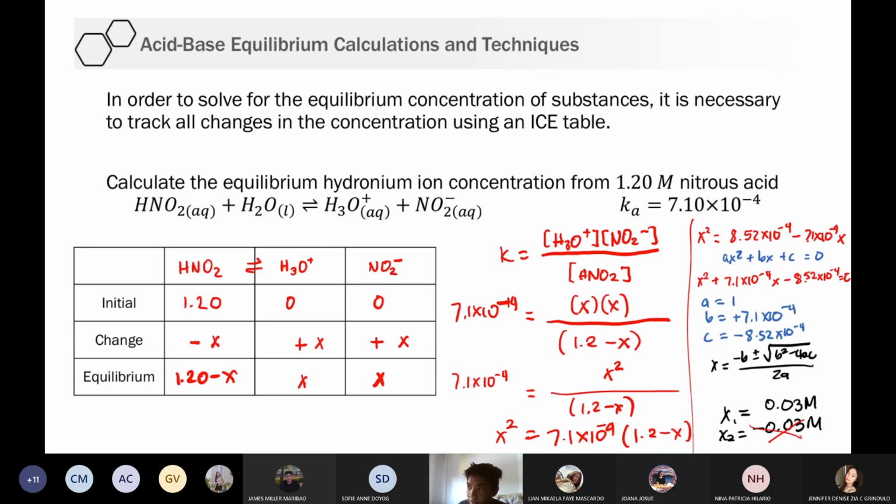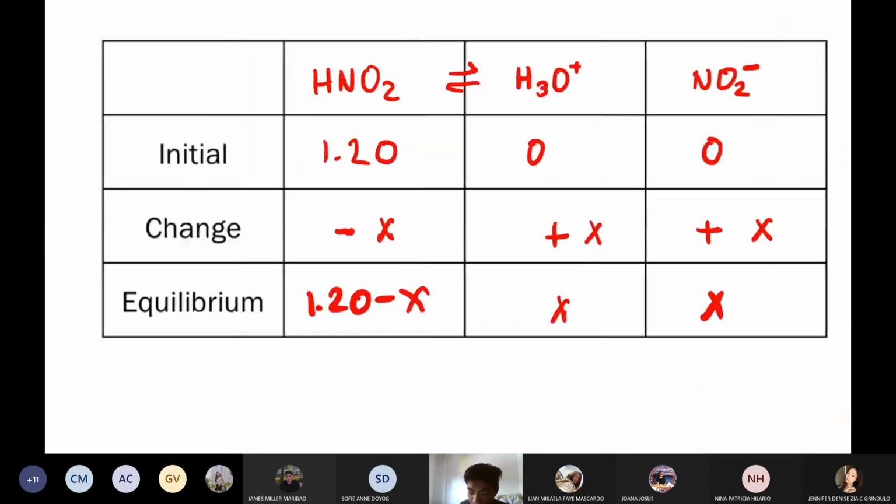Okay? So, yun. So, we know that x is positive 0.03. So, we can now plug it here sa ating ice table. X is 0.03, so that means H3O plus concentration is 0.03 molar. NO2 minus concentration is 0.03 molar.